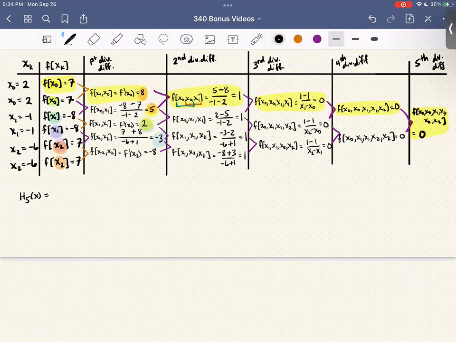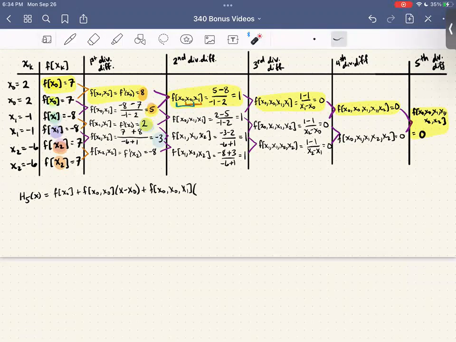If you wanted to write this out using the notation we've been using in class, it would be the 0th divided difference f[x0] plus the next term here, f[x0, x0] times (x minus x0), plus the next term here, the divided difference f[x0, x0, x1], times the linear factors.